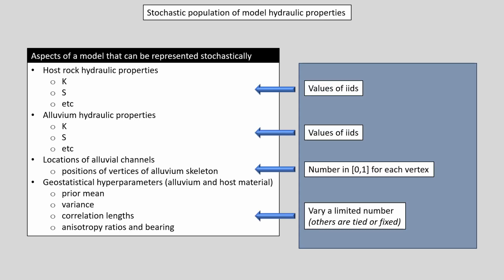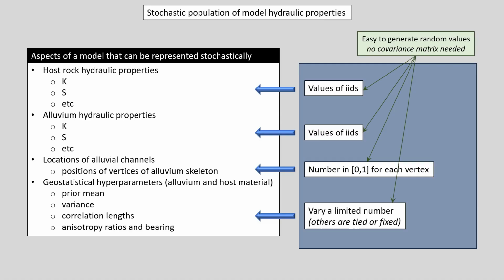So generating complex hydraulic property fields becomes fairly simple. We just use IIDs and then undertake spatial integration for the background, the host hydraulic properties, the alluvial hydraulic properties. The locations of the alluvial channels are just uniform random variables stretching from 0 to 1, and we can assign simple hydraulic property distributions to our hyperparameters. There's not a covariance matrix in sight.